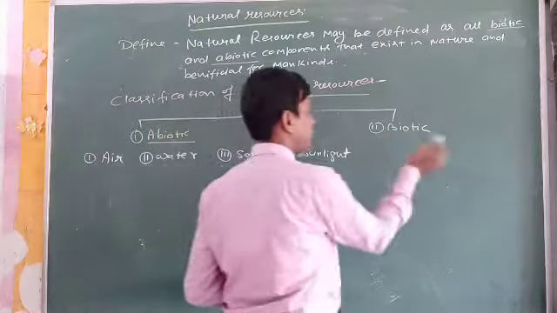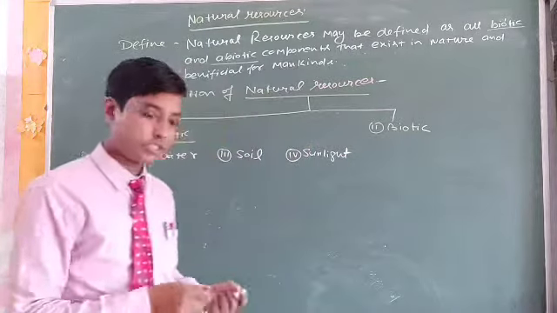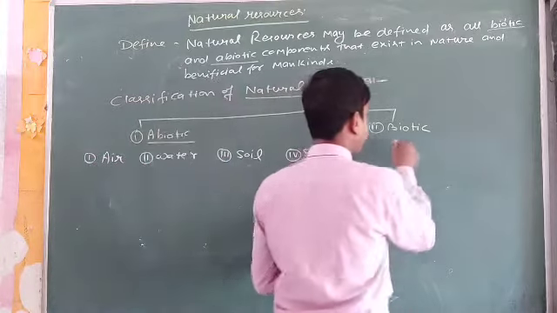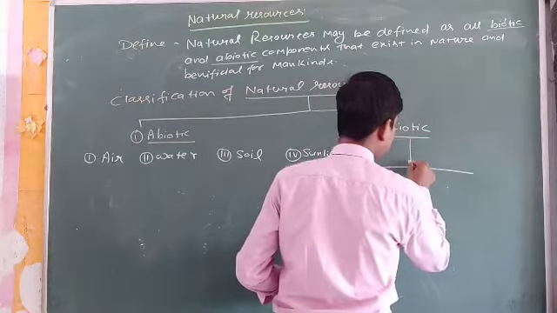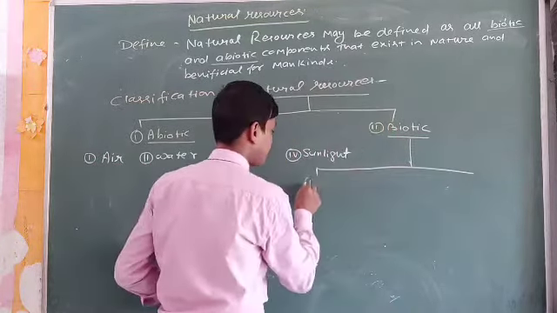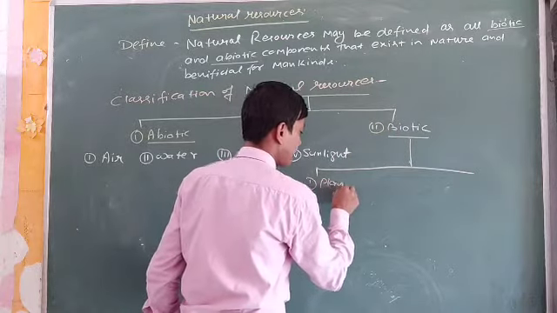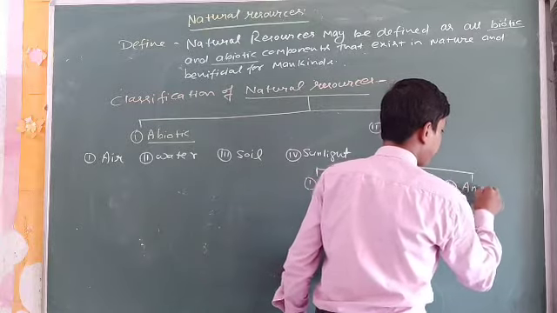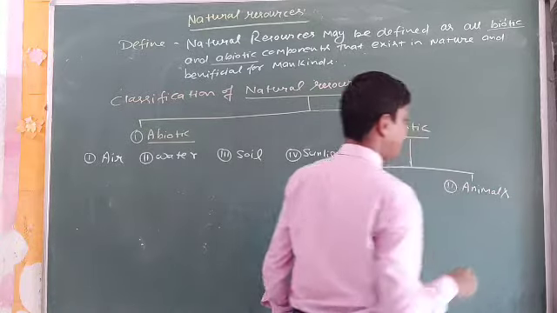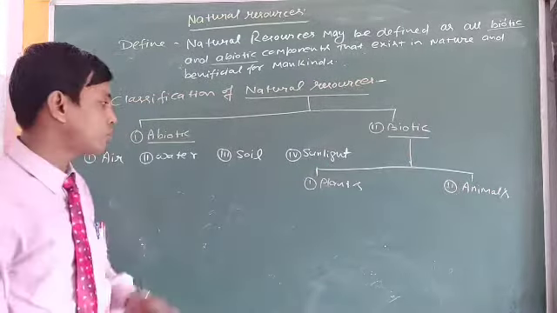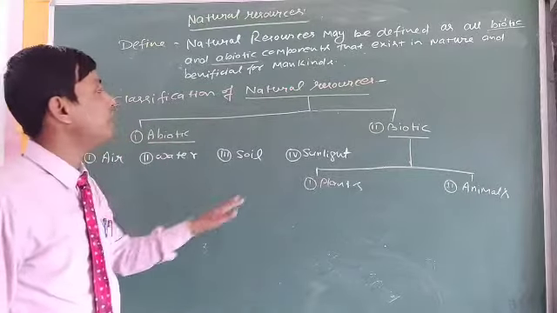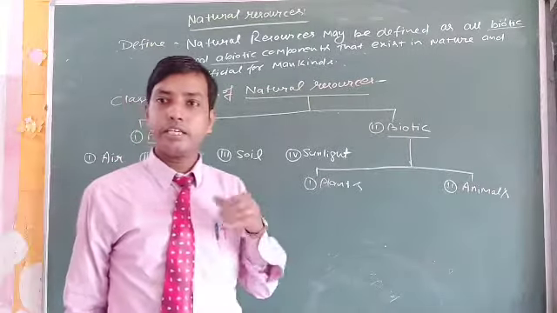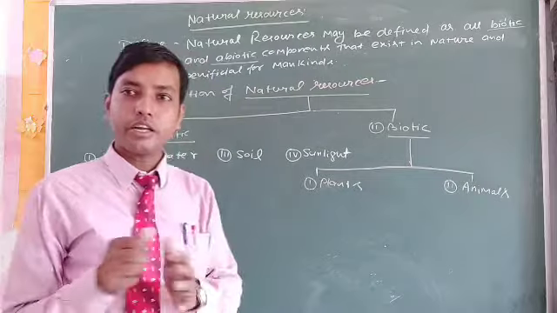Now back to the biotic natural resources. The biotic natural resources may be plants and animals. So these are the key points regarding natural resources, and they are beneficial and interlinked together.